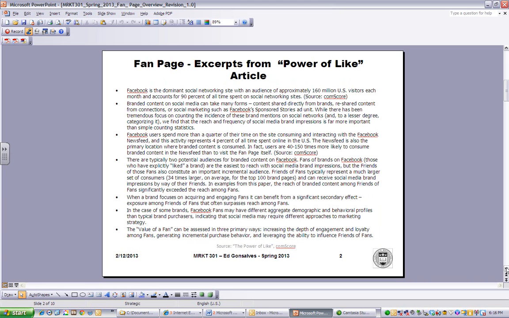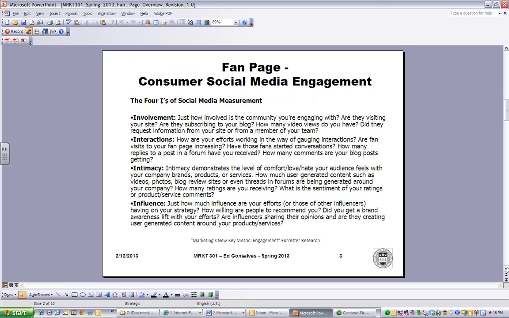These next 2 slides, slide number 2 and slide number 3, are about the power, if you will, of fan pages and likes on Facebook and what is involved in that, just to give you some background.